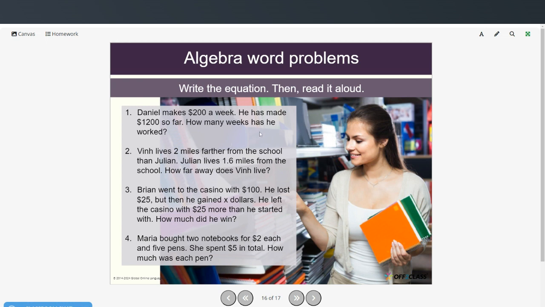So Daniel makes $200 a week. He has made $1,200 so far. How many weeks has he worked? So you would have to put 1,200. I think I'm going to do it this way so it's a little less messy.